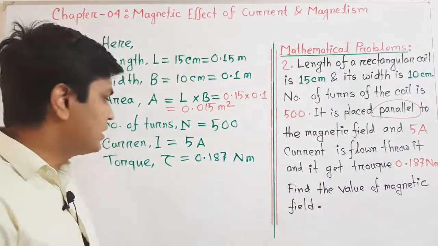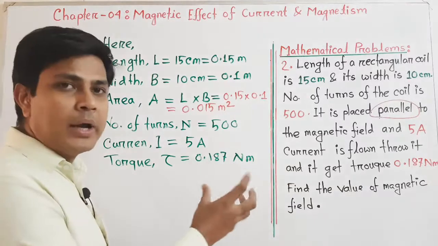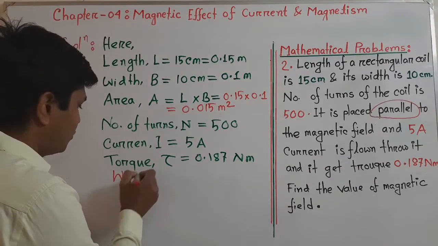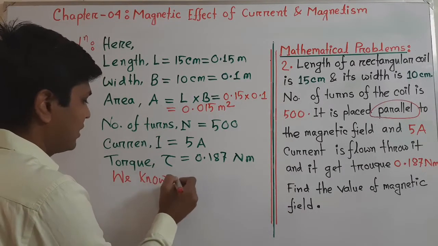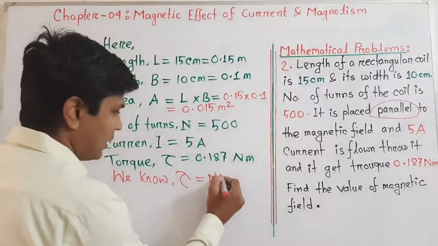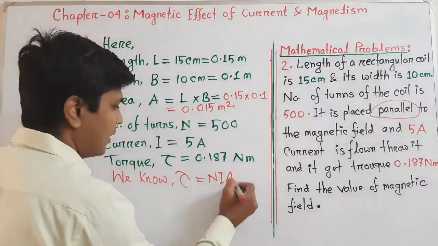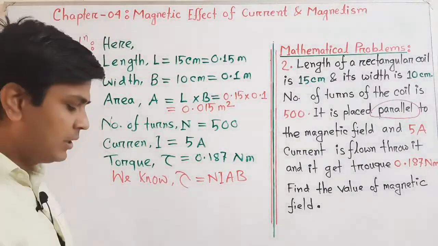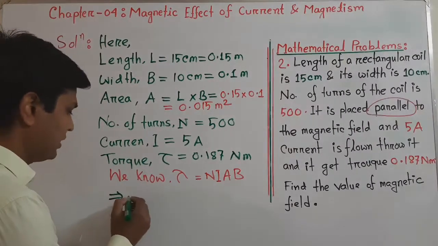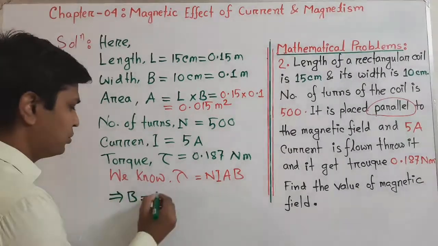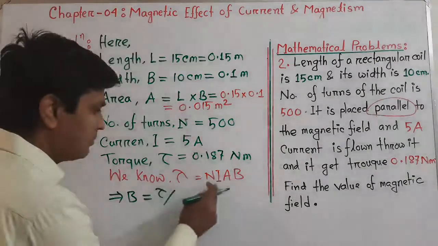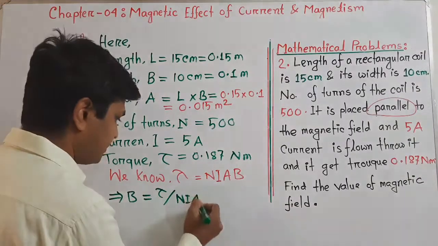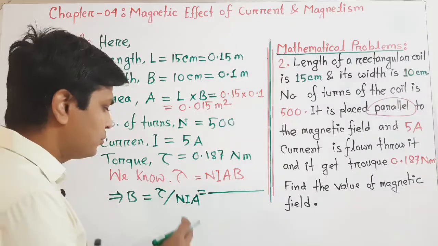The formula to calculate the torque when a coil is placed parallel to the magnetic field is tau equals N I A B, and we have to calculate the value of B. So we can write B equals tau divided by N I A. Now I am going to put all the values.